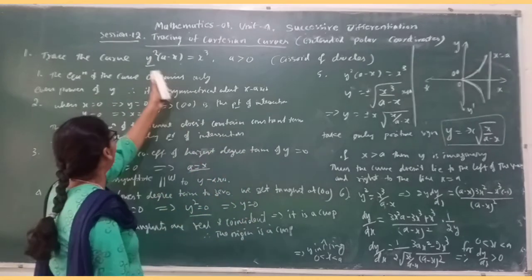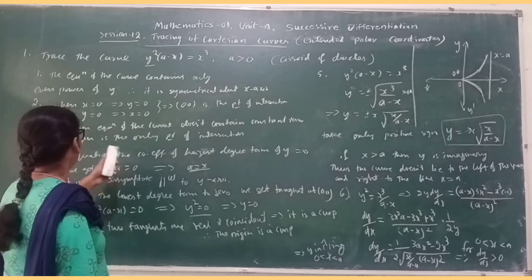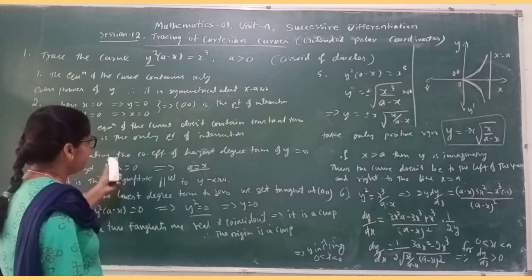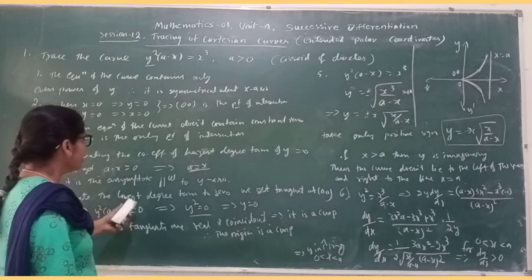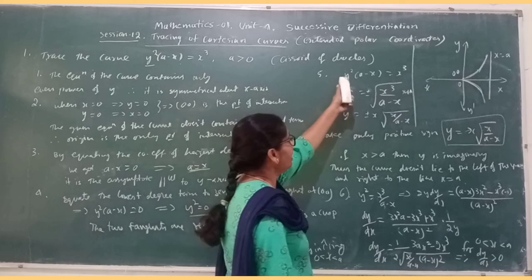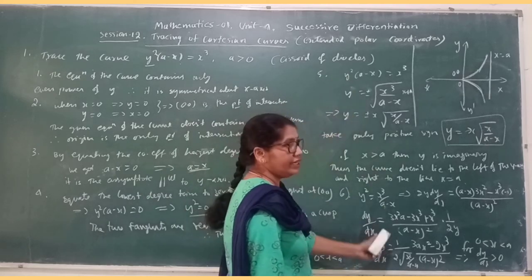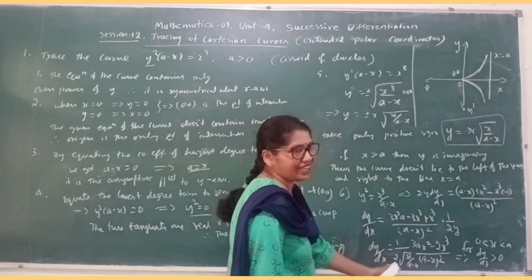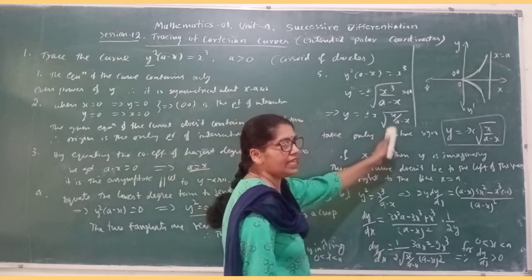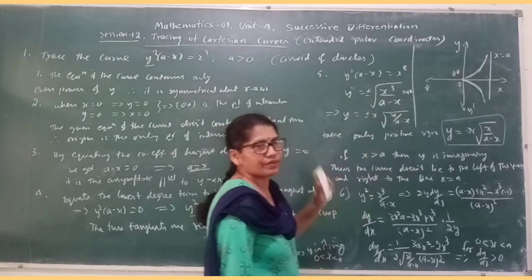So first we should find the symmetry of the curve and the points of intersection, then asymptotes, then nature of the double point, then where the curve lies and where it is increasing and decreasing. By considering these 6 points, we can trace the given curve. Thank you.